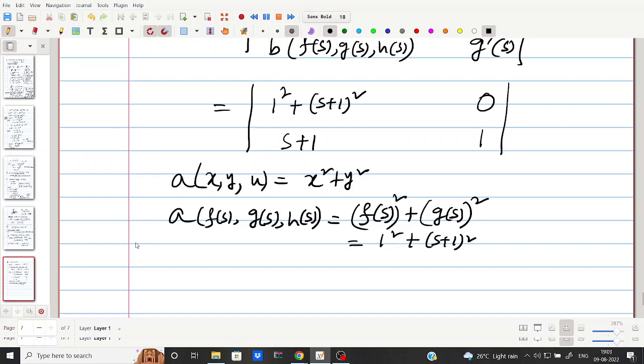Okay, so what is the determinant? So the determinant is 1 square plus (s plus 1) whole square, right?